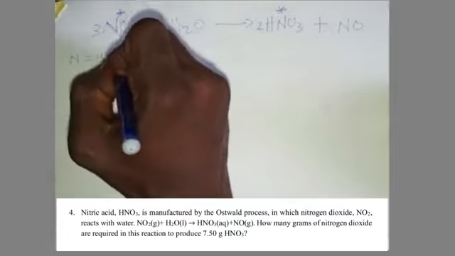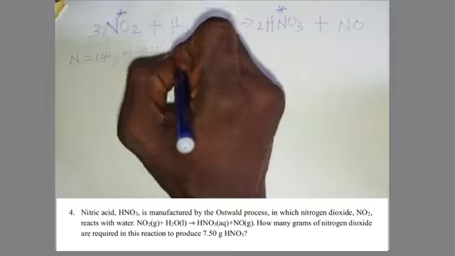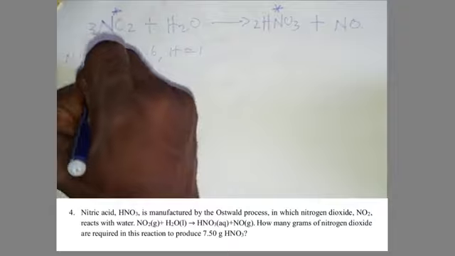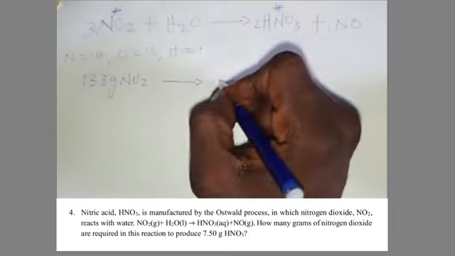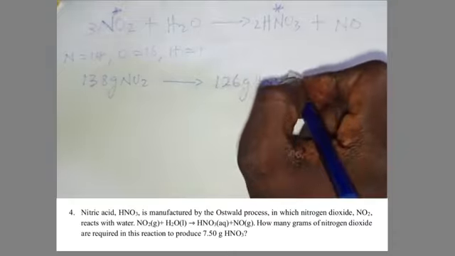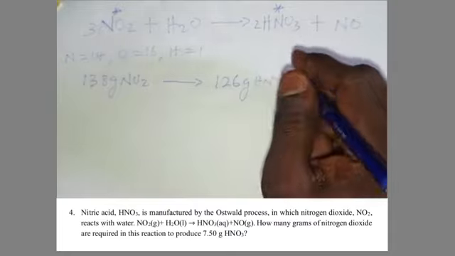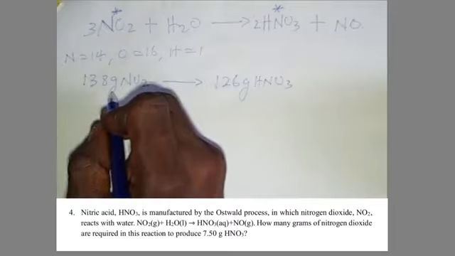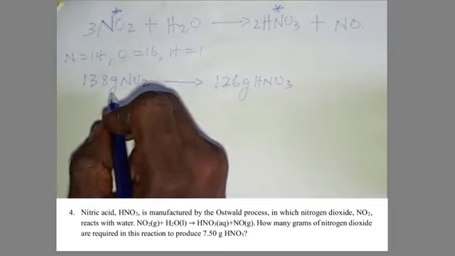N is equal to 14, O is equal to 16, H is equal to 1. So we are going to have that 138 grams of NO2, because that's the sum of the masses here, is going to produce, the sum of the masses here is going to be 126 grams of HNO3. Now the question is asking us, how many grams of nitrogen dioxide are required to produce 7.5 grams of HNO3?